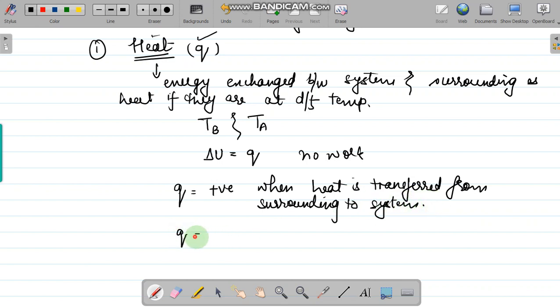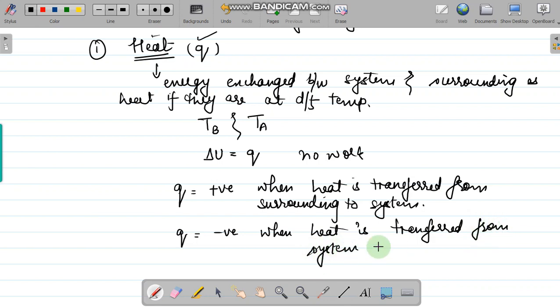On the other hand, Q is going to have the negative value when heat is transferred from system to the surrounding. This point we have to remember.